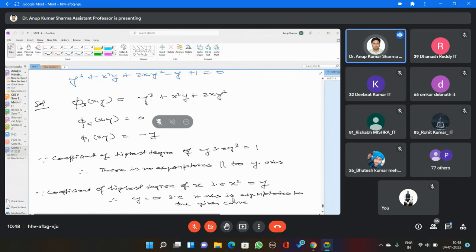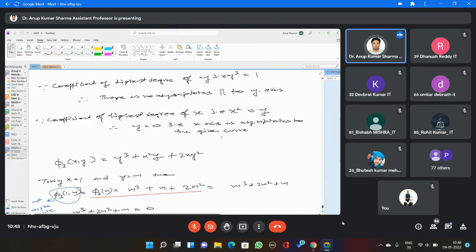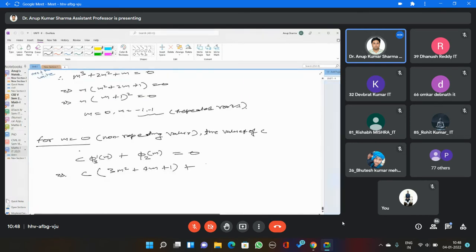When we take xy is 0, there is no term, so we write 0. Now in this case we are unable to find it, because 0 upon this 3m square.